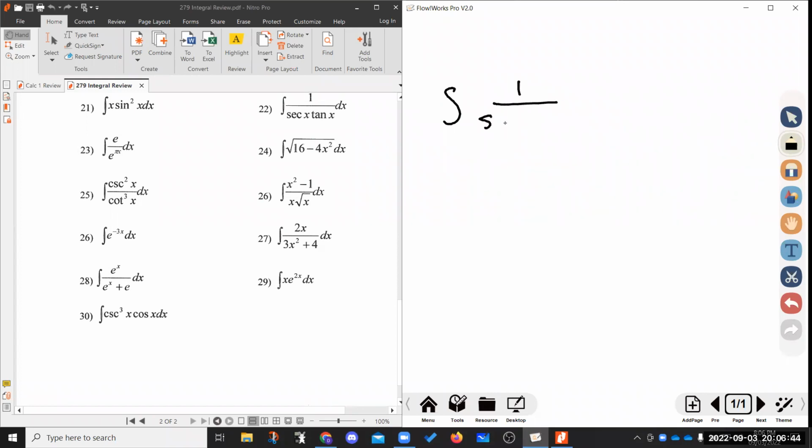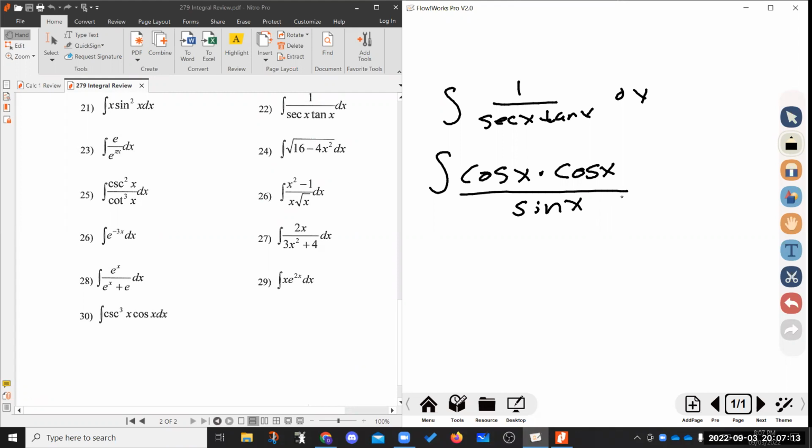1 over secant x tan x dx. Let's change this all into sines and cosines because I don't like that secant and tangent are in the denominator. This is cosine times cosecant, which is cosine over sine. That's going to give me 1 minus sine squared over sine.